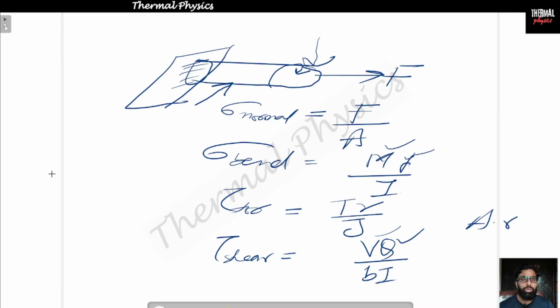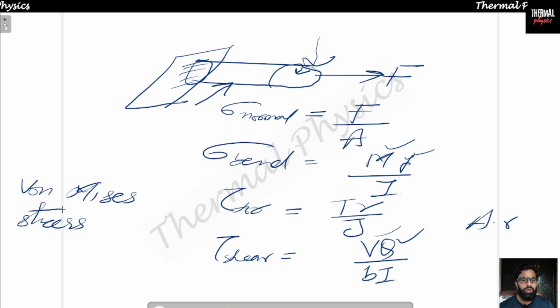And finally, what we do is we calculate the von Mises stress. Von Mises stress is used to find the failure criteria out of all these stresses. First of all, we calculate the total normal stress, which is the normal stress plus bending stress.